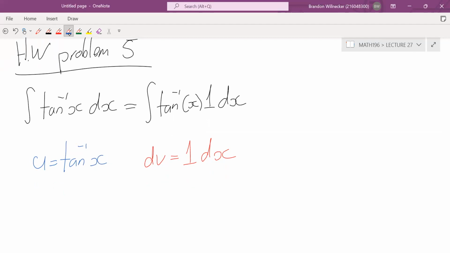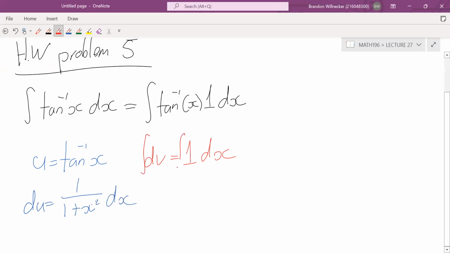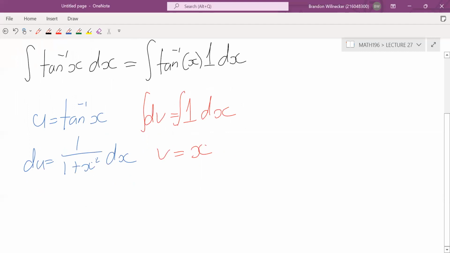The derivative of tan inverse, that's going to be 1 over 1 plus x squared dx. And then we need to integrate this to find v. So v is just going to be x. Okay, so now that we found those two, we just substitute into the formula. So the integral of u dv is equal to uv minus the integral v du.